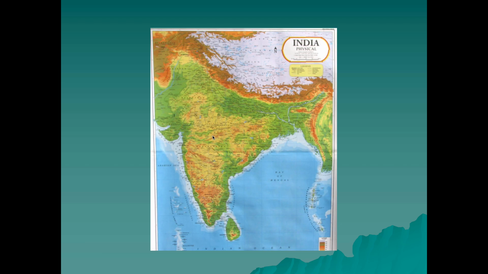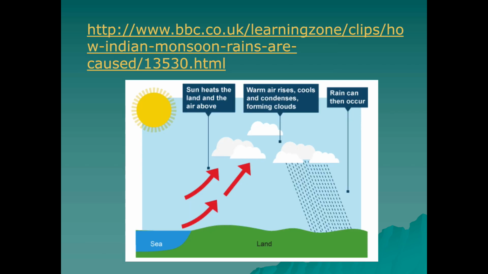Rising air has got to be replaced. We've already mentioned that today. So it's going to suck air in from the surrounding areas, which is of course ocean, and you're going to suck in wet air, which is going to add to your rain in the wet season.